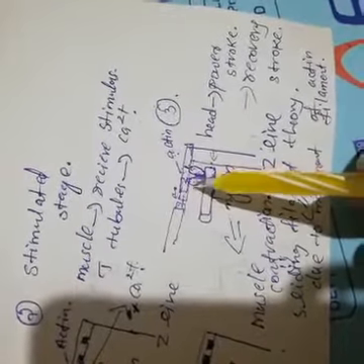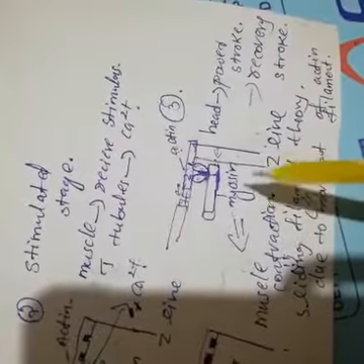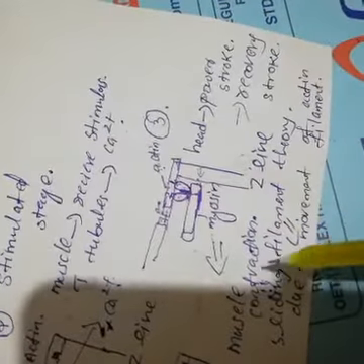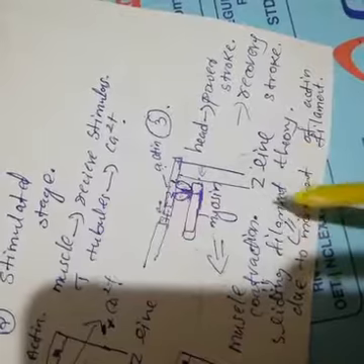Then after some time this will regain its original position, and this is called recovery stroke. This continuous process of power stroke and recovery stroke results in muscle contraction, and we are explaining muscle contraction by using sliding filament theory.